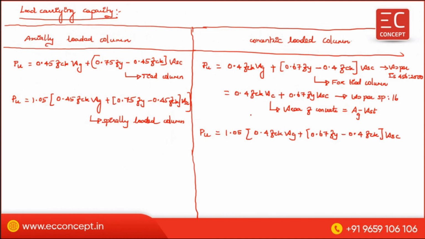So this is for the spirally loaded column. The same formula only, but in the spirally loaded column we have to increase it by 5%. Okay, so this is all about the axially loaded column, and this is all about the concentric loaded column.